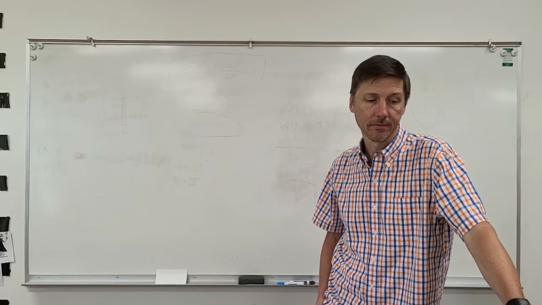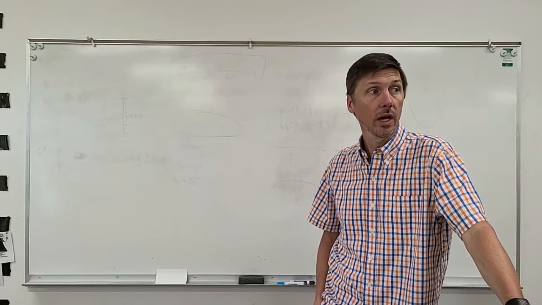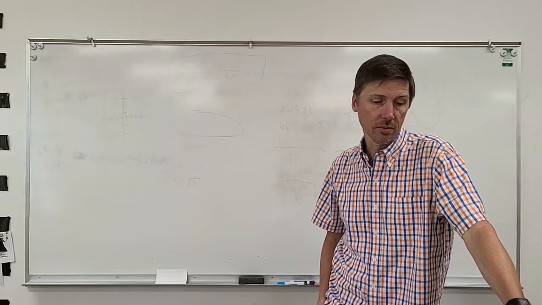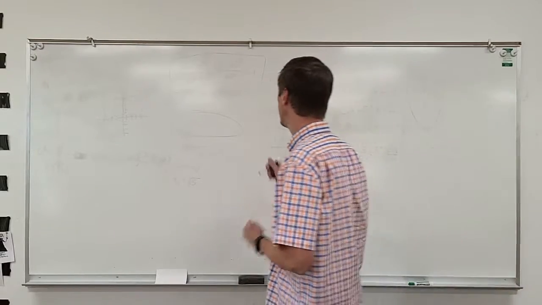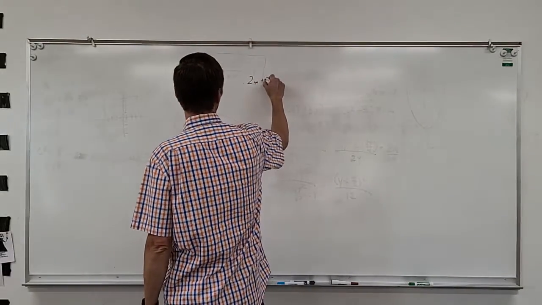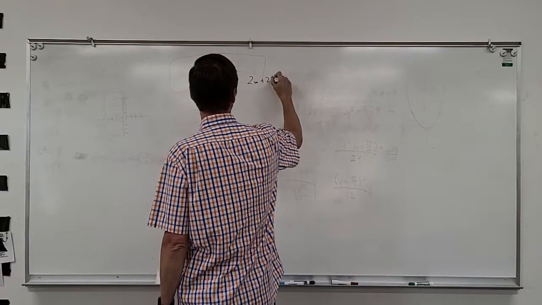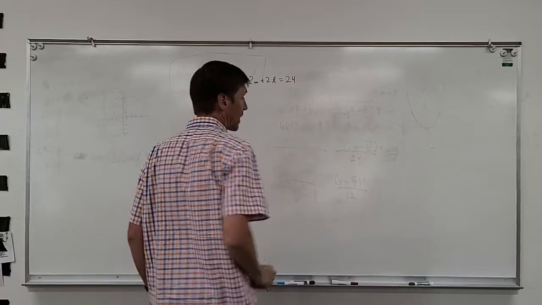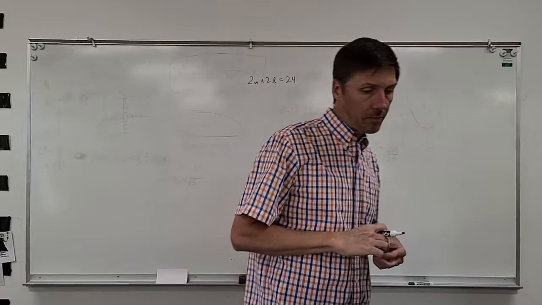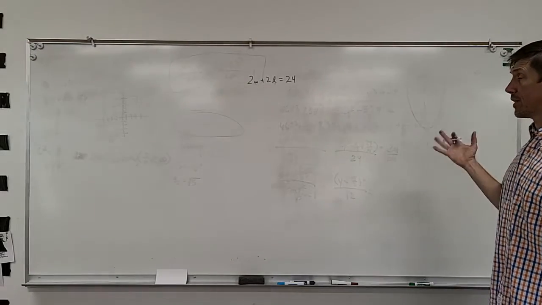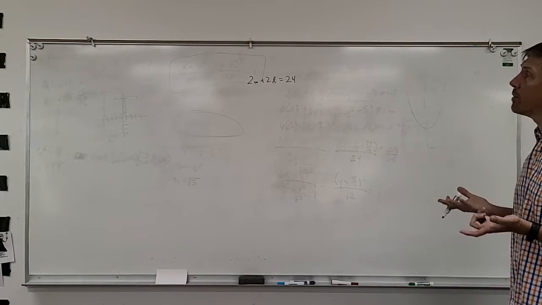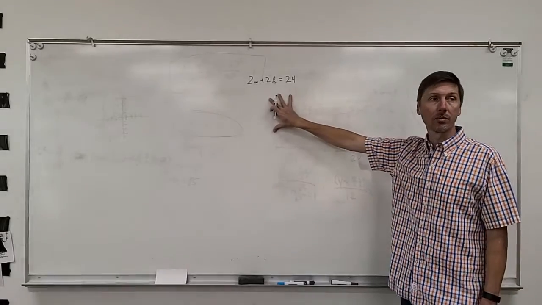Would it matter? It would, yeah, as we're going to see in just a minute. So what they note is that this is the formula for the area of a rectangle. We've got 24 inches of wire, so we know the perimeter of the rectangle will be represented by this equation.